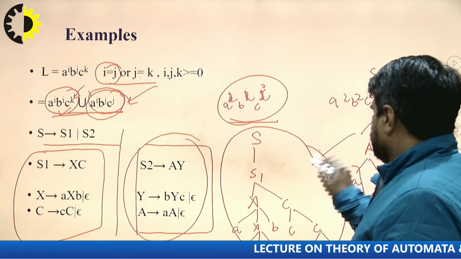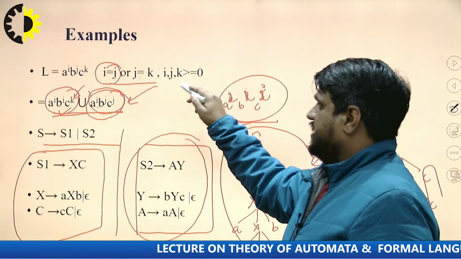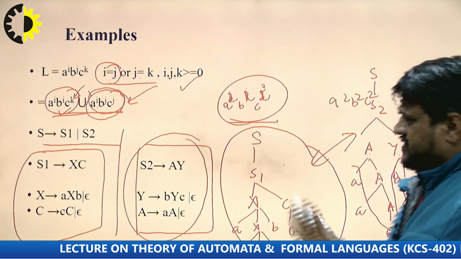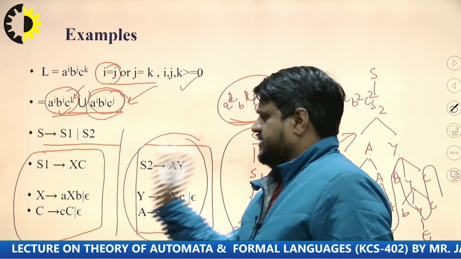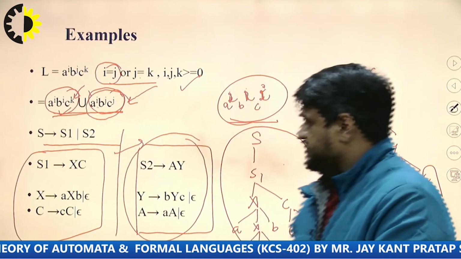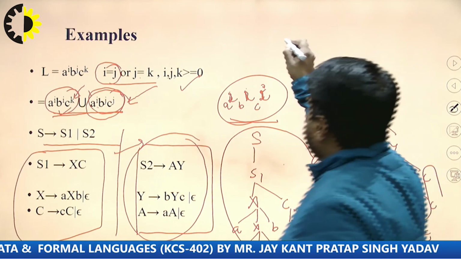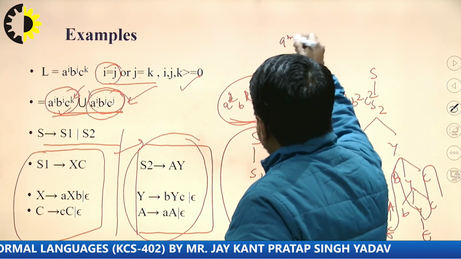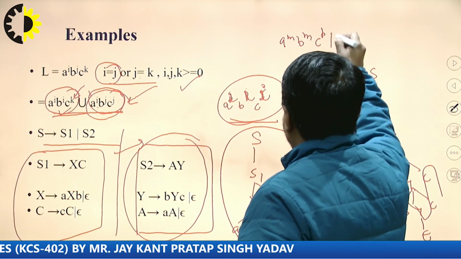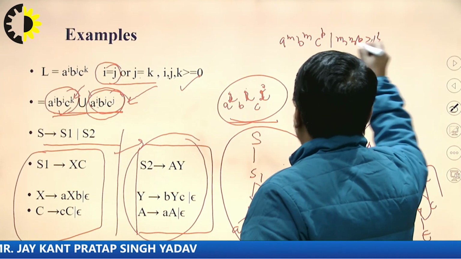So there is more than one parse tree, and there is no other way to write the grammar for this particular language. So for the common strings, if there are two options available, then of course the grammar is always ambiguous, right? You can think of that. Suppose I have written A to the power M, B to the power M, C to the power P, where M, N, and P are greater than or equal to 1, right?